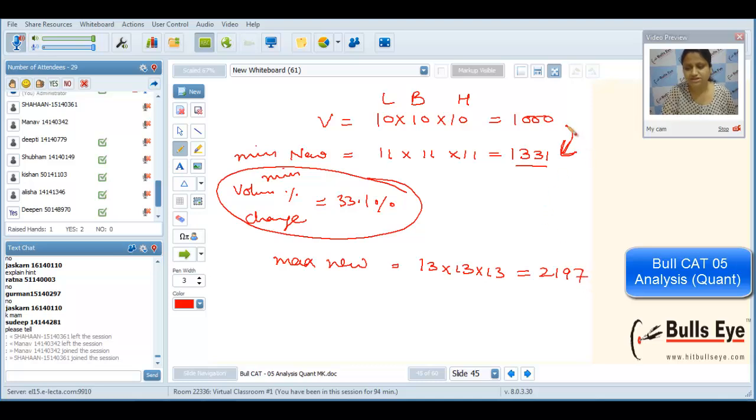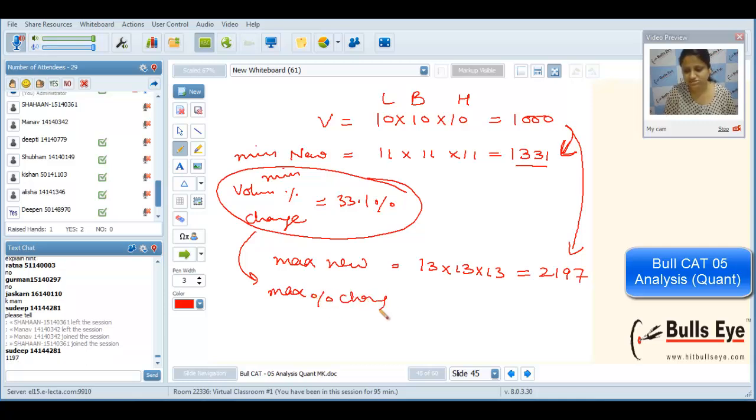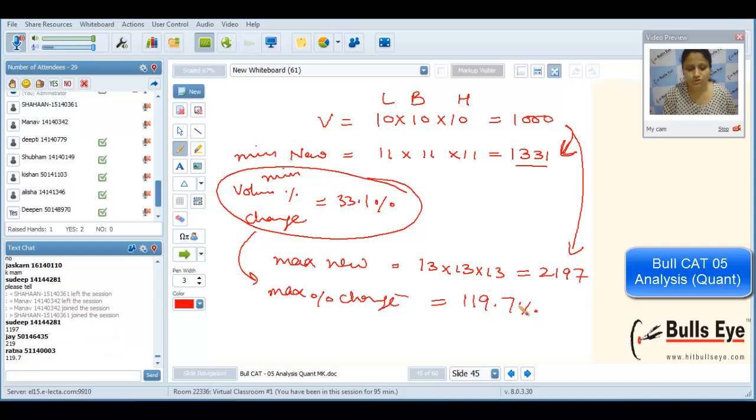If the original volume was 1000 and we are taking it as 2197, what is the maximum change in volume? This is not 1197; that is the final volume we are getting. So it should be 119.7%. This should be the maximum percentage change.